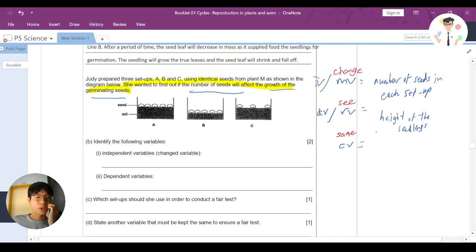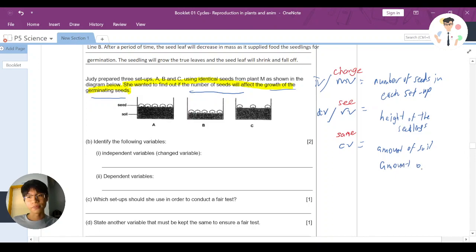Now, what are the things we need to ensure are the same to make it a fair experiment? I mean, the amount of soil, right? Amount of soil given. And maybe if you want to add more, you can say it's also the amount of water given because it's something that affects, right?